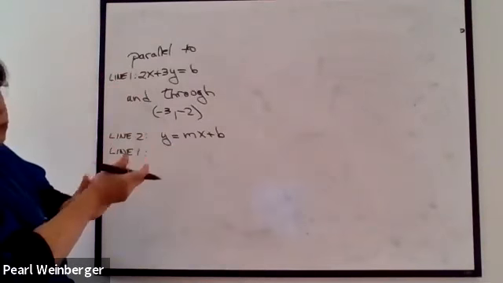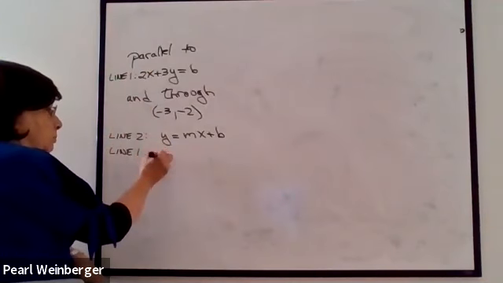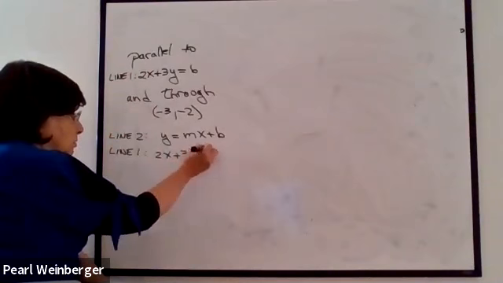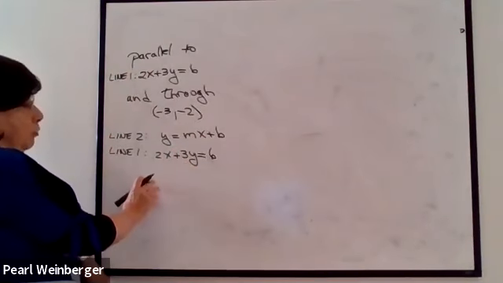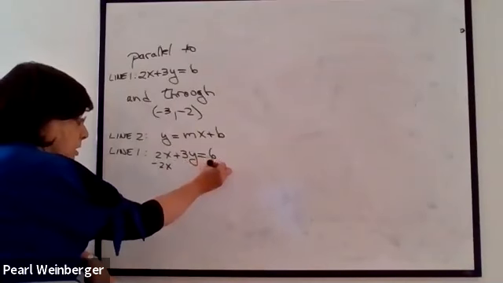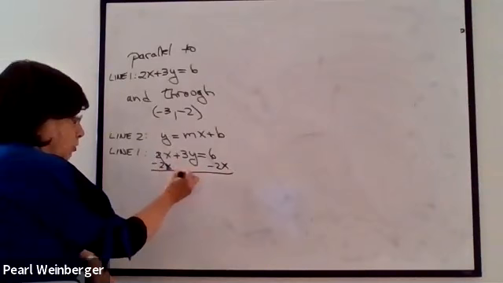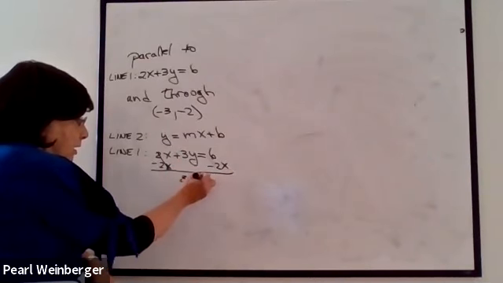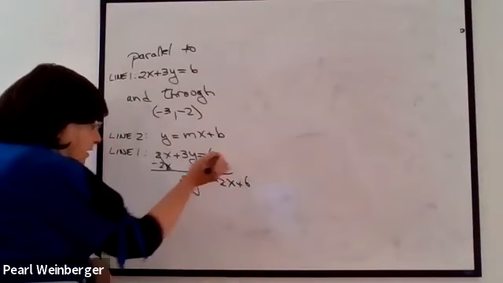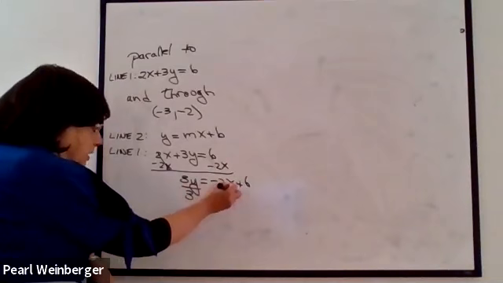We put it in the y equals mx plus b form. So I take the 2x plus 3y equals 6, and I solve for y. So I'm going to subtract 2x from both sides, which will give me 3y equals -2x plus 6. Remember, I always put the x term first, and then I divide everything by 3.